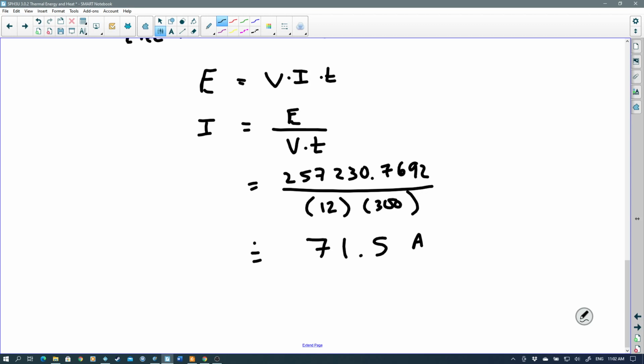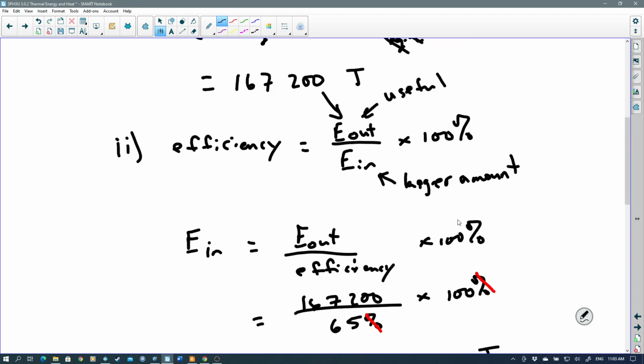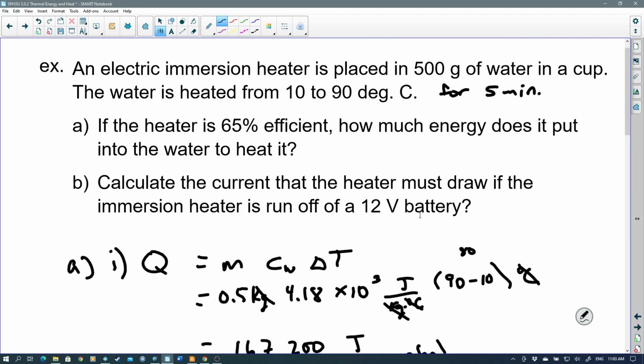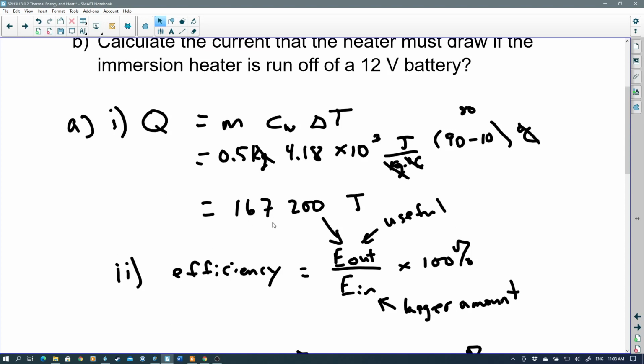So with all of our knowledge of the different types of energy and the law of conservation of energy, we can now solve a much more complicated question such as this one, by following what we know about how to heat water with the Q value here. That gives us the amount of energy required.